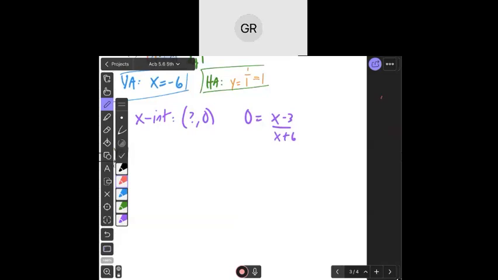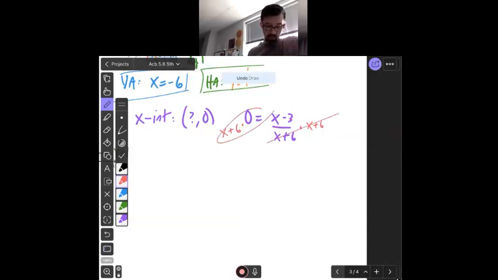Yeah, right, Victoria, just multiply by it. We're not trying to move the whole fraction, we just want to move the denominator out. So we're going to multiply both sides by x plus 6. So what happens to the x plus 6's on the right side? They cancel out. Yep, those are gone. What happens to the x plus 6 in the 0 over here?